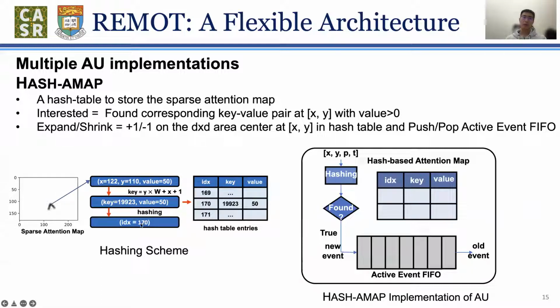For example, here it is 170. And we store these key-value pairs in the hash table entry. So now the interest operation is changed to finding or querying the corresponding key-value pair at the XY position with a value larger than 0. And then expand or shrink and also the push and pop active FIFO are similar to the previous full attention map implementation. So the difference is now we are using a hash table to store the sparse attention map.